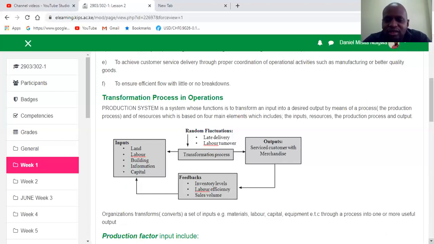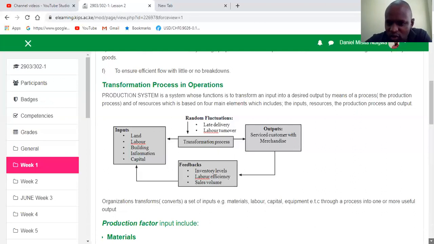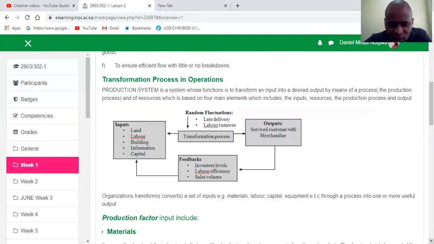And the other thing in the external environment is the random fluctuation of late delivery and labor turnover. Turnover is all about the number of employees who either leave your organization or join the organization. But turnover is mostly about those people who leave your organization, maybe because of poor service or poor salary or remuneration.